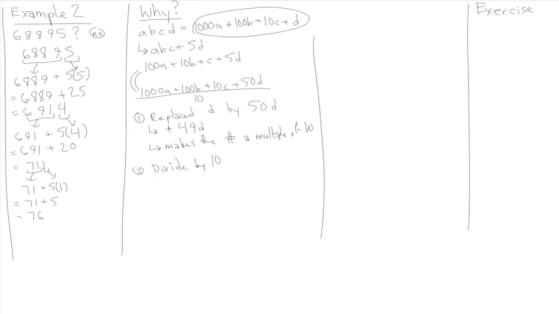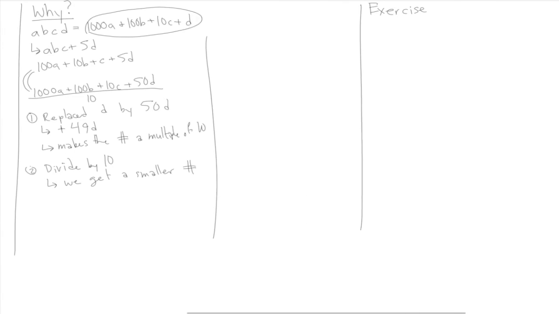And the reason we do this to get this ABC plus 5D that we saw in the steps earlier is just we get a smaller number. Once we have a smaller number, we're either done because we recognize that we're divisible by 7, or we're not, or we can do it again and we get closer. So I've broken down these two steps. Let's see why each one does not change whether the original number was or was not divisible by 7.